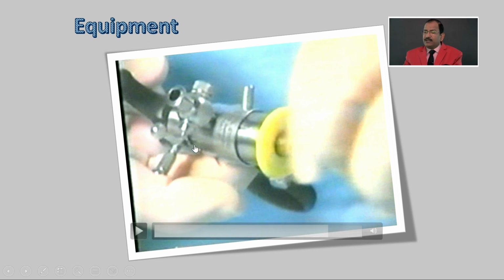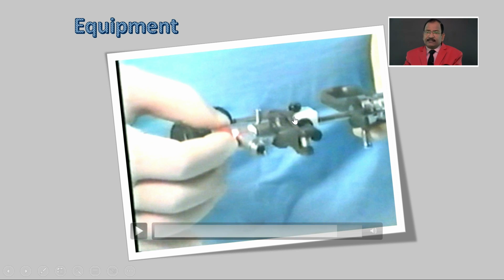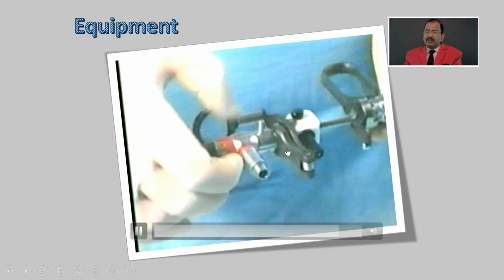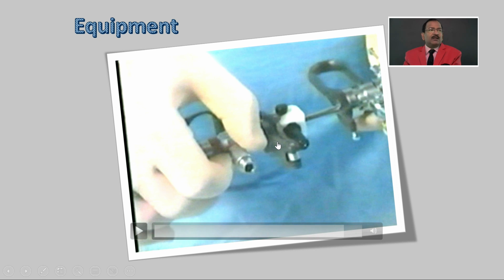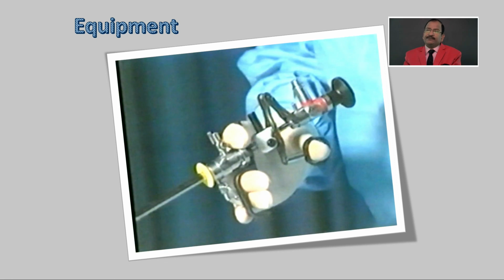So this is outer sheath. And after that the telescope, telescope is the last. So how to assemble? First you put the electrode into the working element, then you put the inner sheath, then you put the outer sheath, and then you put the telescope and lock it. And now it is ready to operate.